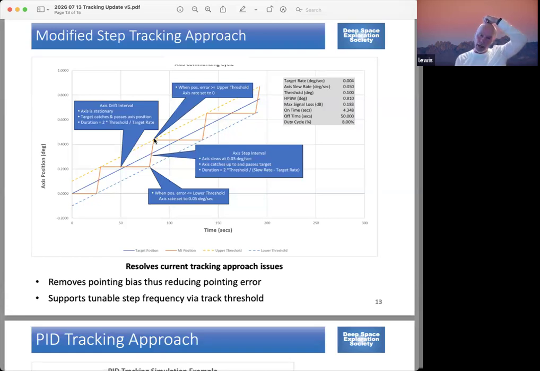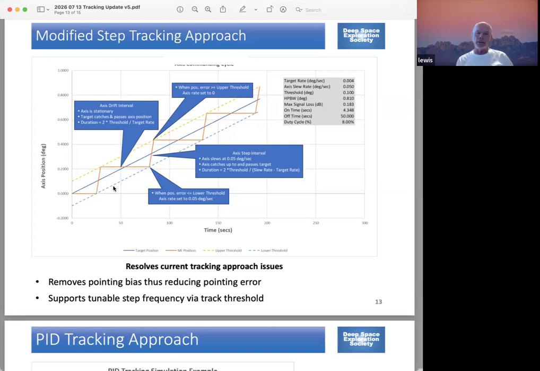And that's the basic idea behind it. It removes the pointing bias, but it doesn't change the max error. The max error is still the threshold.